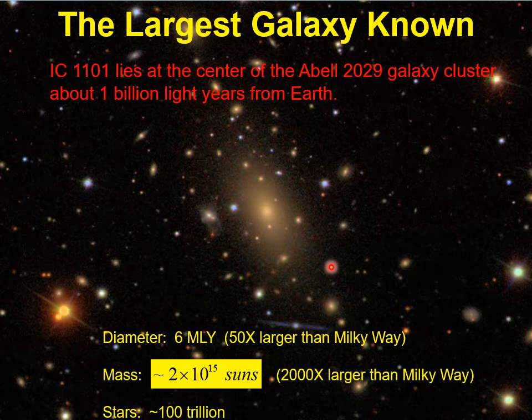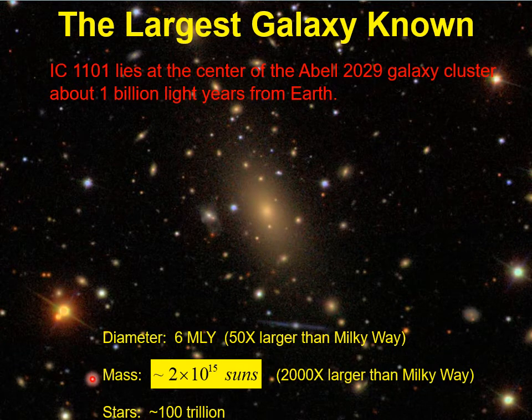Now, one thing to keep in mind is all of these other fuzzy spots in the image here, these are not stars. Those are galaxies that would be similar to our Milky Way in size. So this galaxy is obviously much larger. In fact, it has a diameter of about 6 million light years, which is 50 times larger than our Milky Way in diameter.